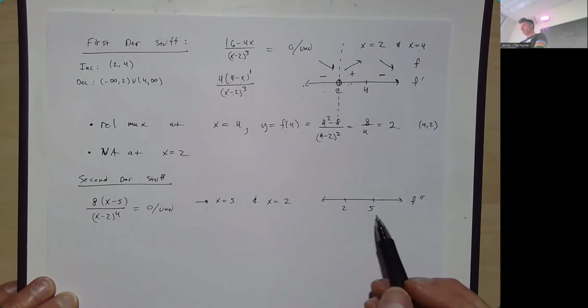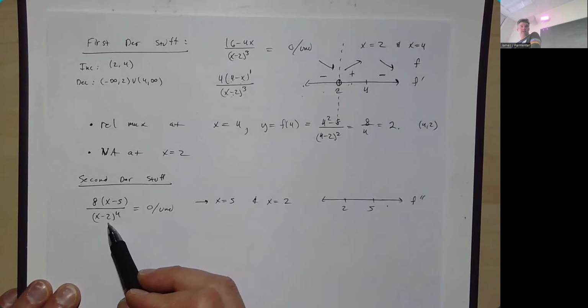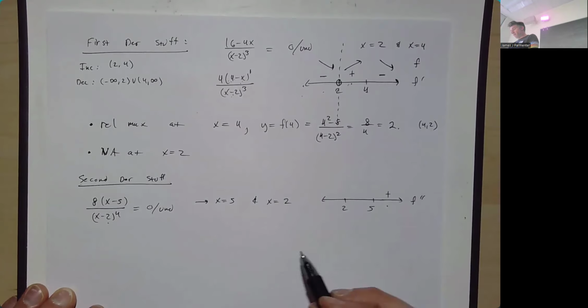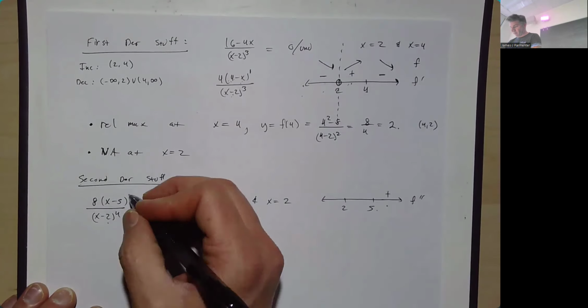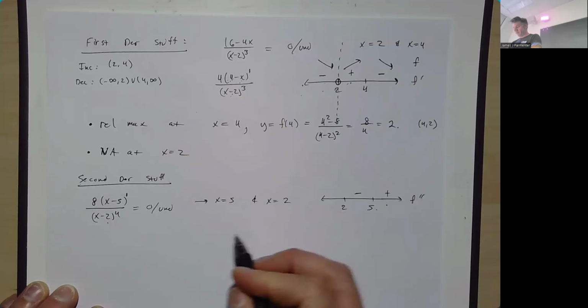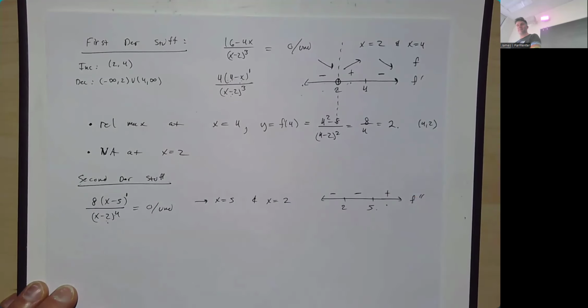So let's say if I plug in the number larger than 5, like 6, top is positive, bottom is always positive, so it's definitely positive. And then at 5, the 5 came from x minus 5 to the first. The odd power means the sign changes. The 2 came from x minus 2 to the fourth. The even power means the sign stays the same.